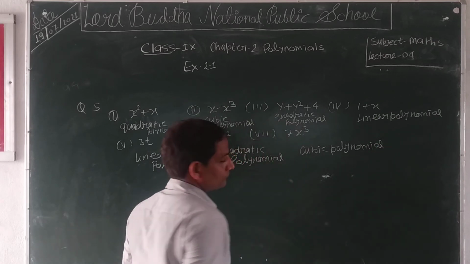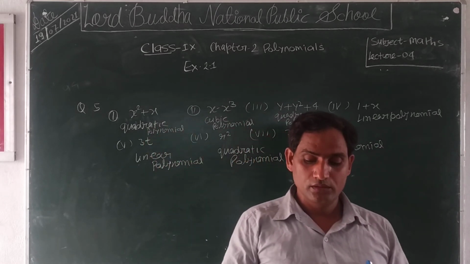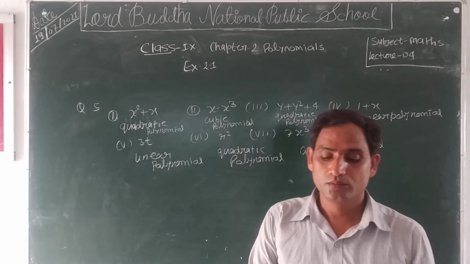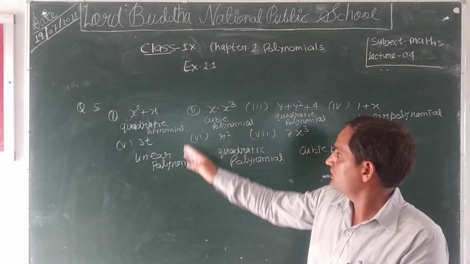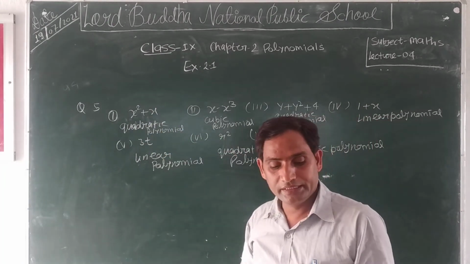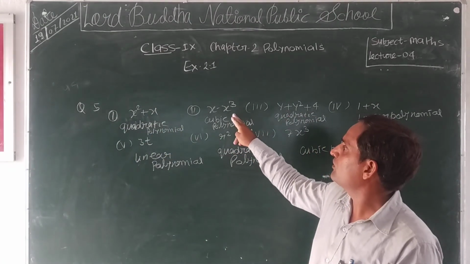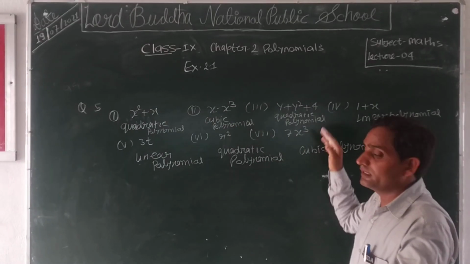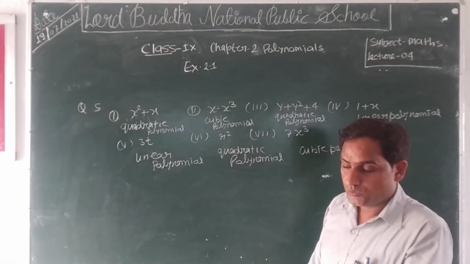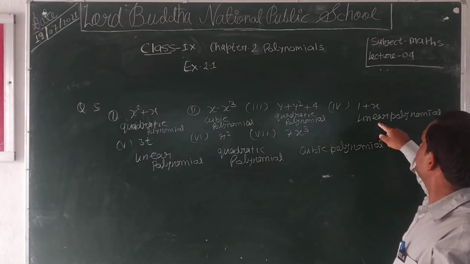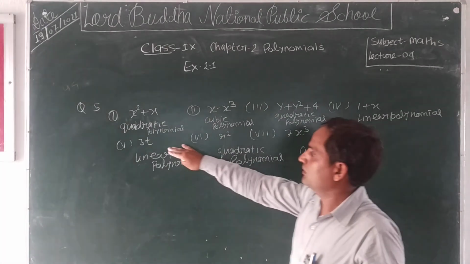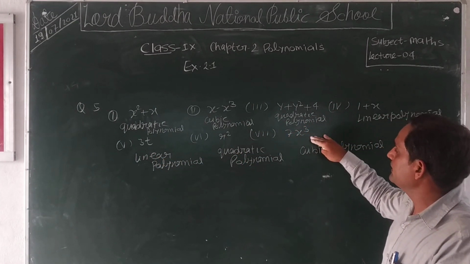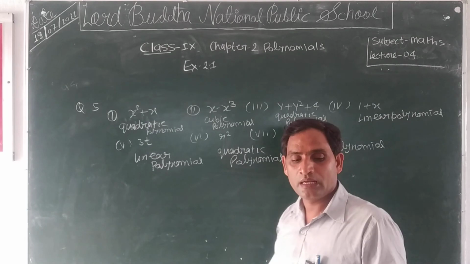Okay? In this way we classify all the polynomials. First quadratic because degree is 2, second cubic because degree is 3, third quadratic because degree is 2, fourth linear because degree is 1, here degree is 1, linear, degree 2, quadratic, and degree 3, cubic polynomials.